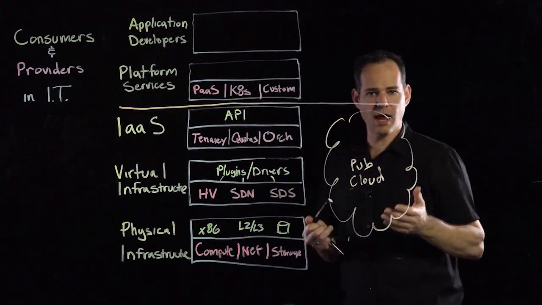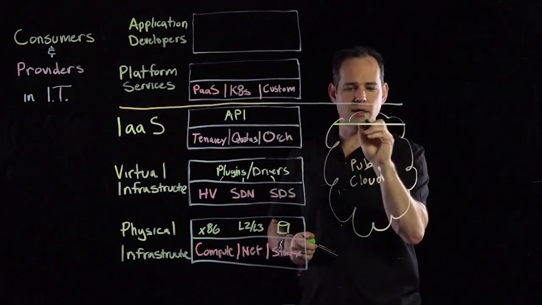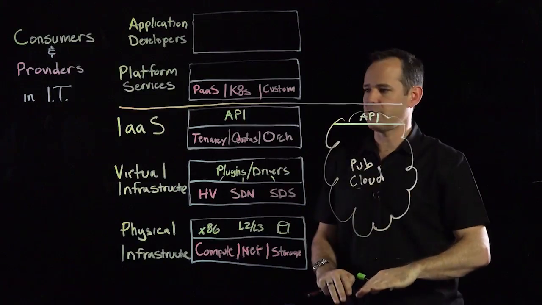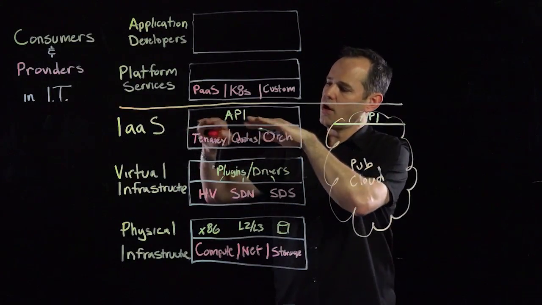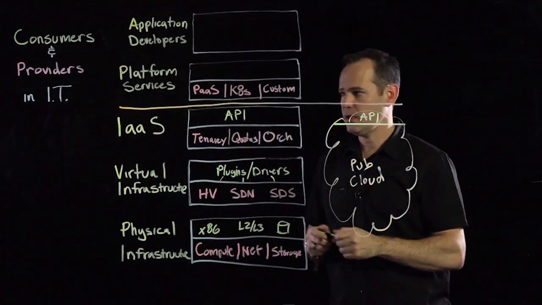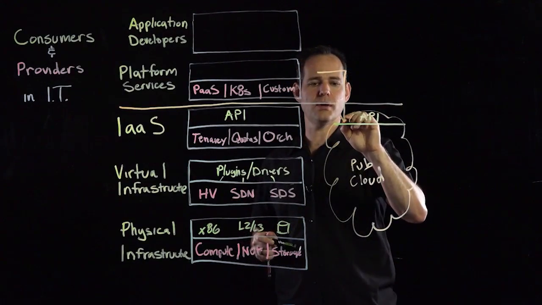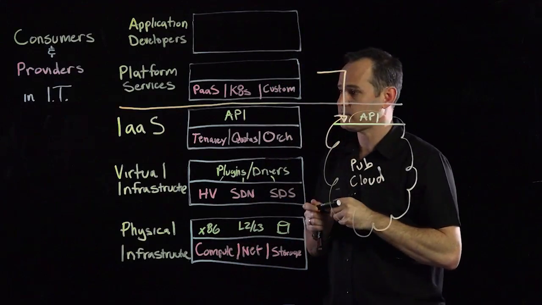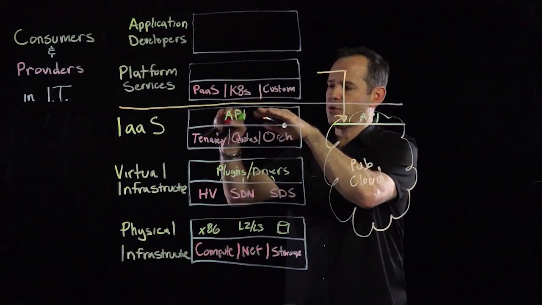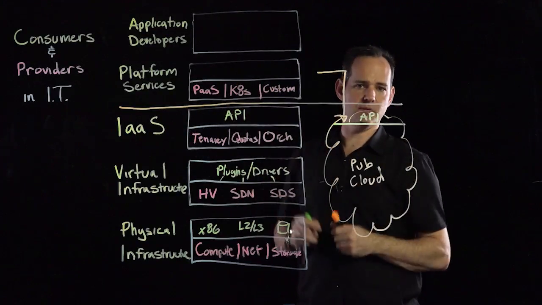And what the public cloud has, if you think about it, is very simple. It has a well-documented API. So notice, public cloud completely abstracts everything below, right? We're arguing that the same thing exists here. At the IaaS layer, we have a simple API. It abstracts all this stuff below. Okay? So what happened is that the platform services team ended up going directly to the public cloud, and they bypassed internal IT. So when we're internal IT, we've got to make sure that we actually produce or have an IT service that is easily consumable by the teams above us.